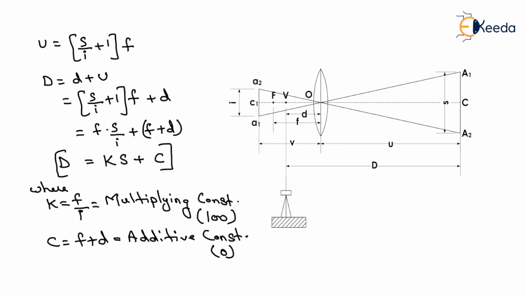Now if the value of the additive constant is 0 and the value of the multiplying constant is 100, then the length is known as analytical length. The length is known as analytical length when k is equal to 100 and c is equal to 0.